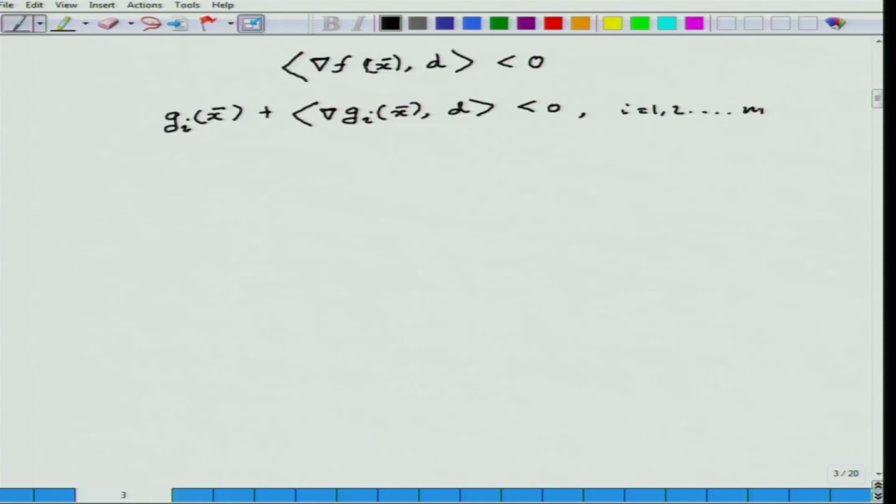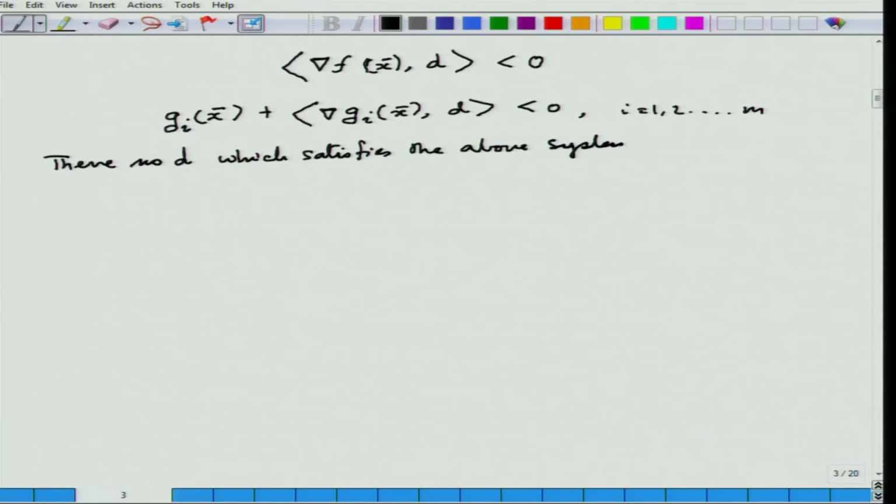This system has no solution in d, that is, there is no d which satisfies the above system if x bar is a local minima. So, there is no such d which will solve this.